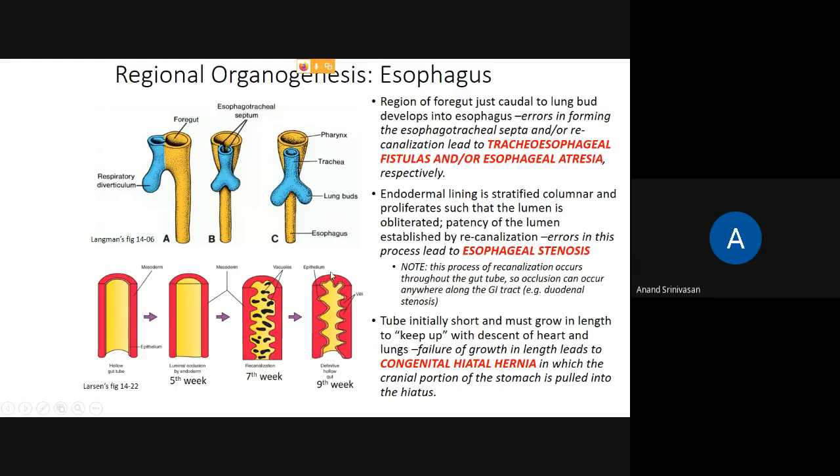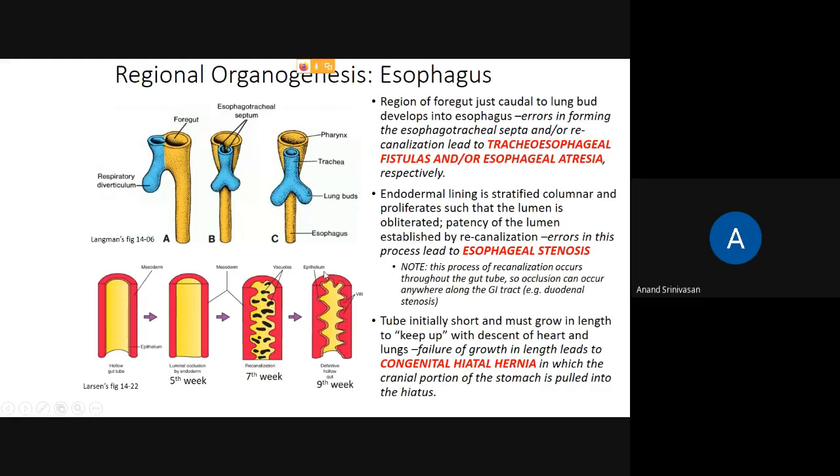Initially the endodermal lining of the esophagus proliferates and the lumen is obliterated. But later on, because of recanalization by these vacuoles, the canalization is established. The esophagus becomes a hollow tube.